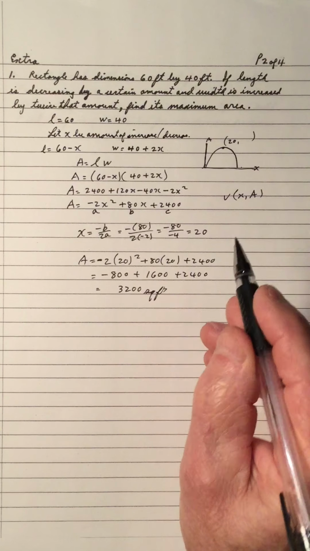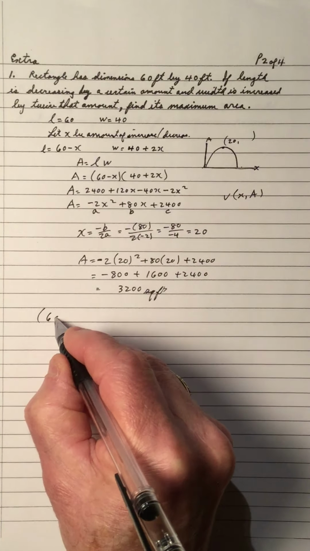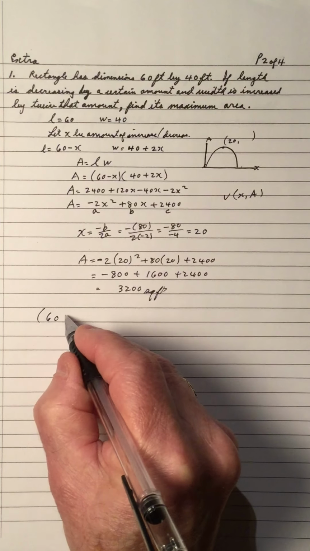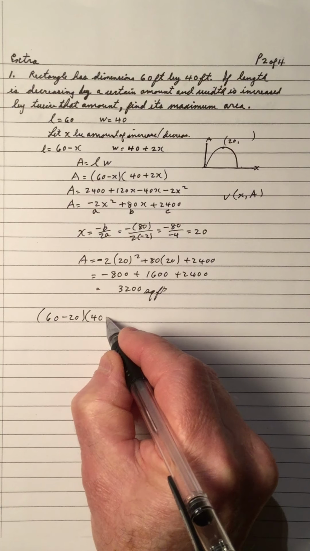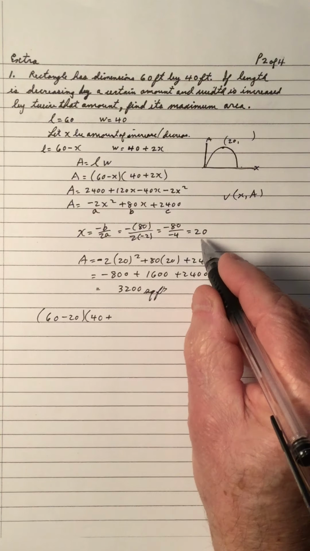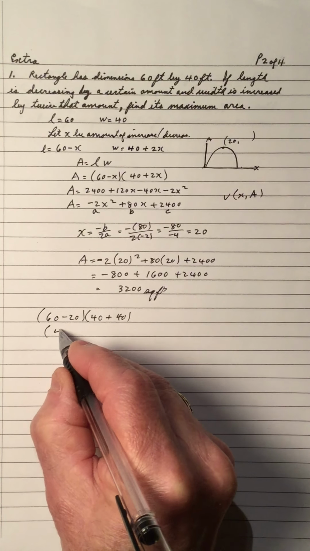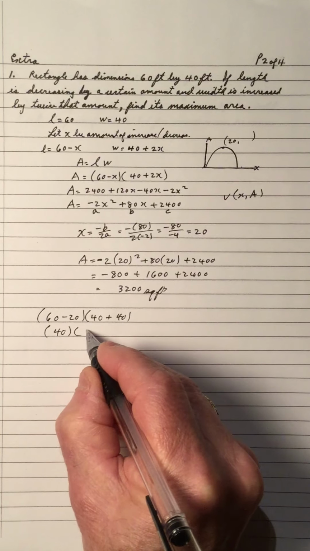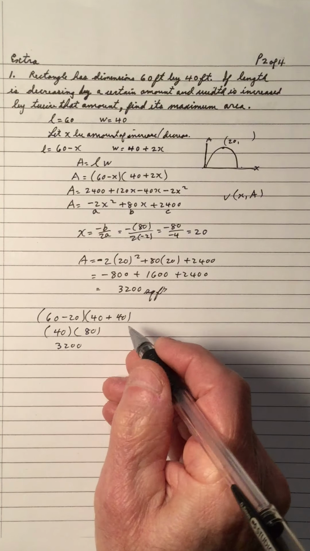Again, think about it: we have 60 and its x is 20, and we have the width, which is 40, increased by twice that amount, so 20 times 2 is 40. So we have a 40 times an 80, and that gives me the 3200.